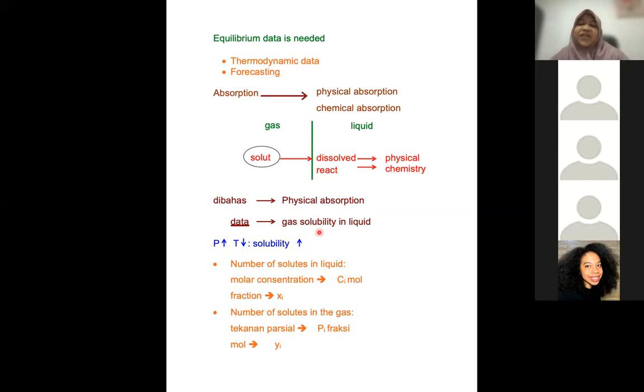Okay. Anyone tried? What is the difference between the Coke that we just took out from the fridge, and also Coke that has been left out for a few hours at room temperature? The one from the fridge feels more fizzy, Bu. Yeah, you can feel the bubbles. The fizziness actually comes from the solubility of CO2.